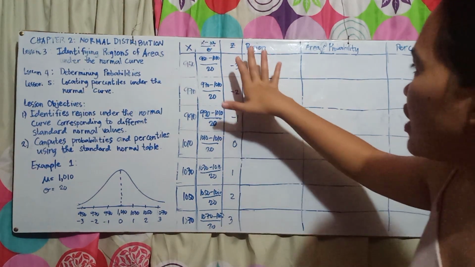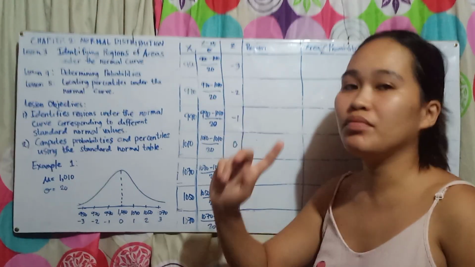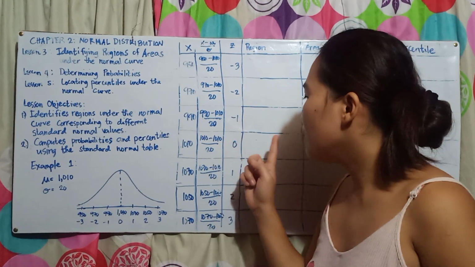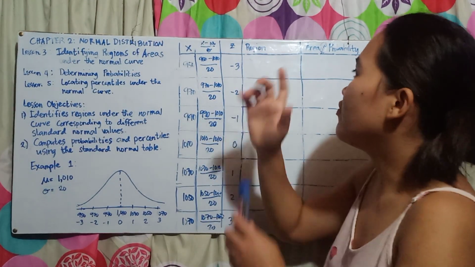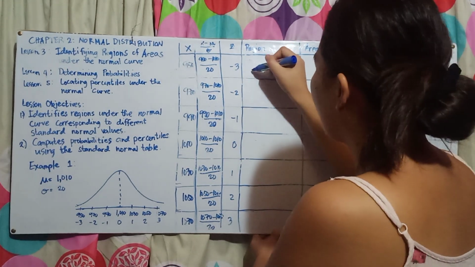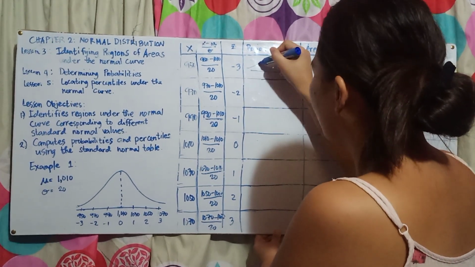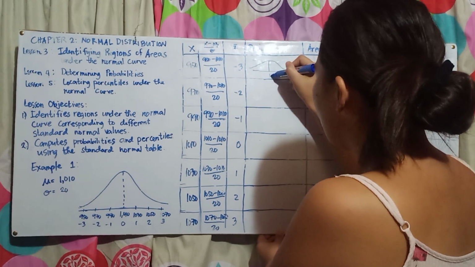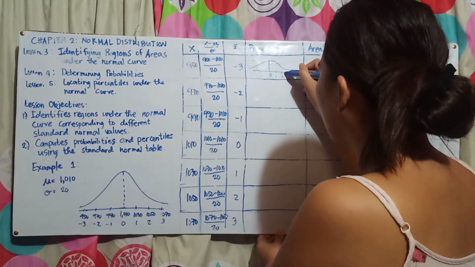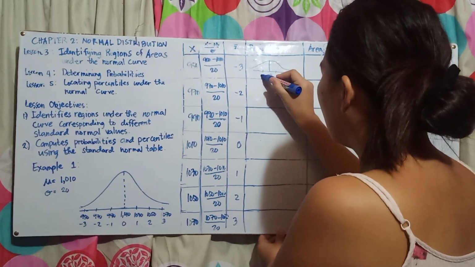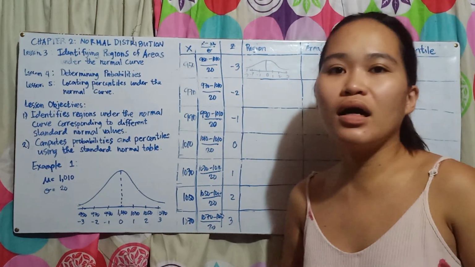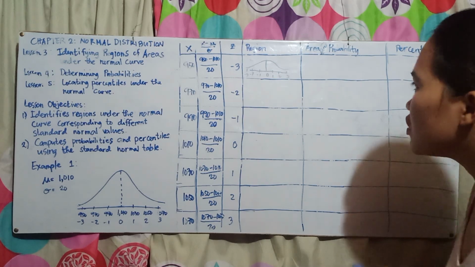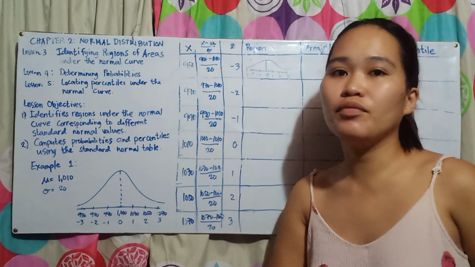Okay, so since a given na z-score is negative 3, negative 2, negative 1, 0, 1, 2, and 3. So, to identify the regions, syempre mag-drawing lang ka o curve. 0, 1, 2, 3. Negative 1, negative 2, negative 3. So, since ang standard normal curve is from negative 3 to positive 3.